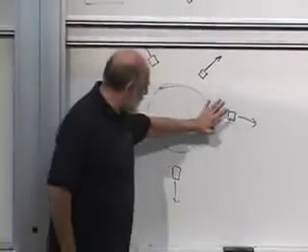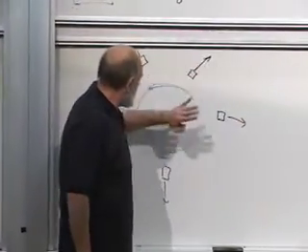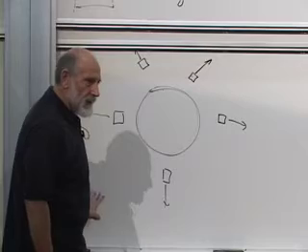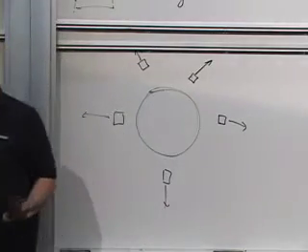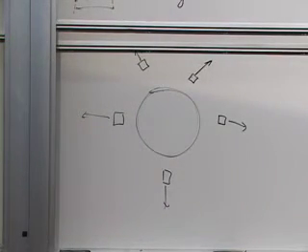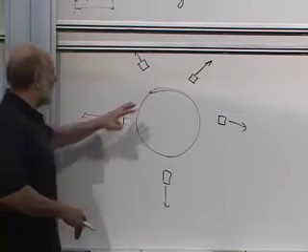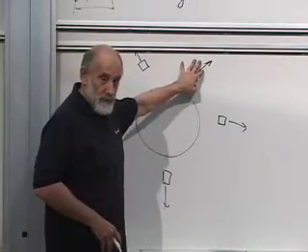The acceleration has to be this way over here, this way over here, this way over here, this way over here. So there's certainly no sense in which the full gravitational field of the Earth can be replaced by saying you're in an accelerated reference frame.